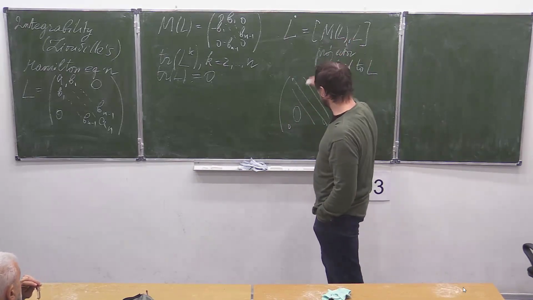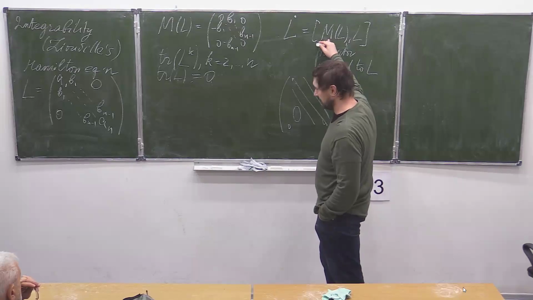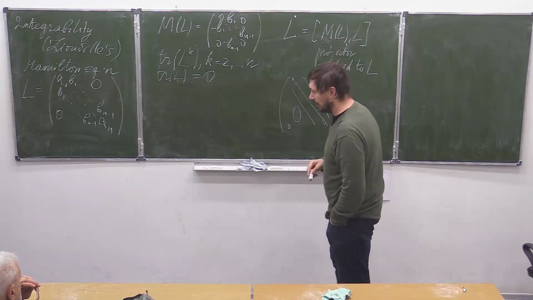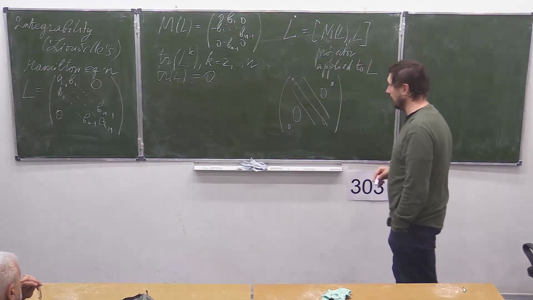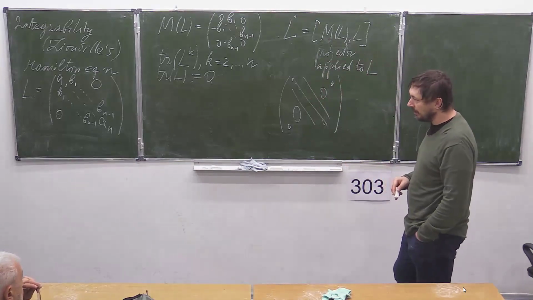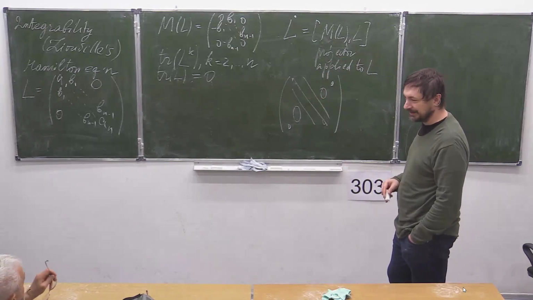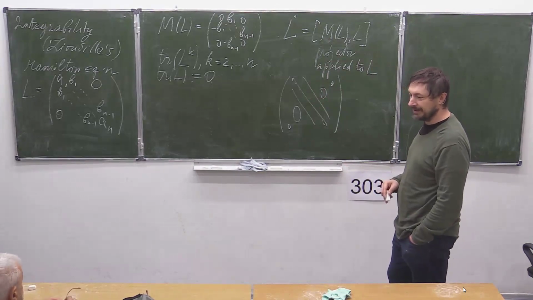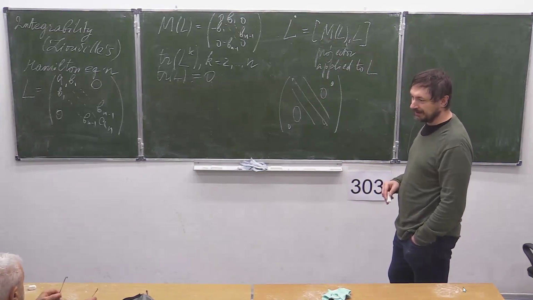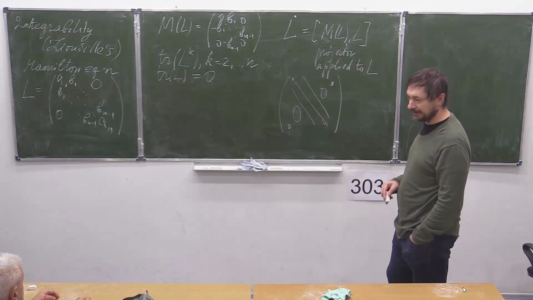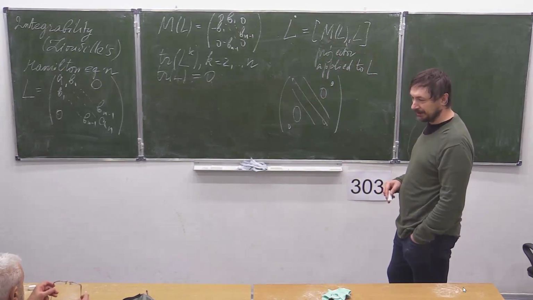Yeah, modify the shape of the matrix. And also I can modify the projector a little bit. And you again obtain an integrable system. Not necessarily, and that actually gives you some Lax forms, and you can investigate if some of these Lax forms correspond to integrable systems or not.